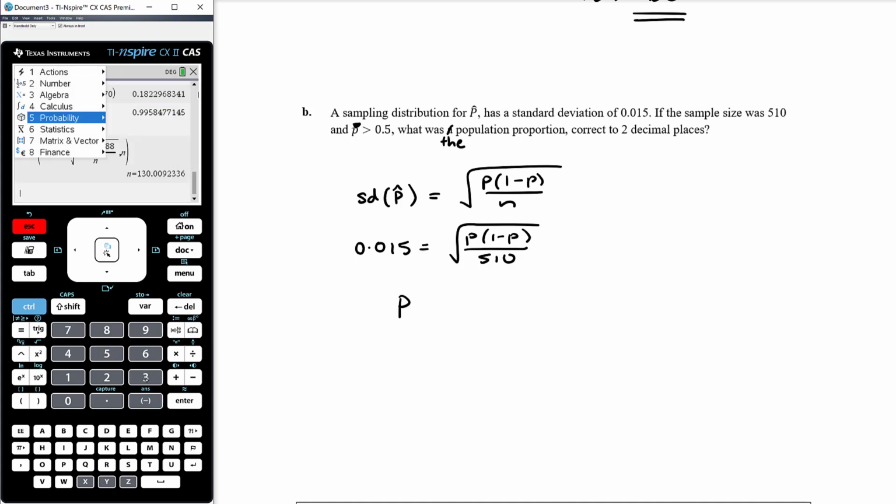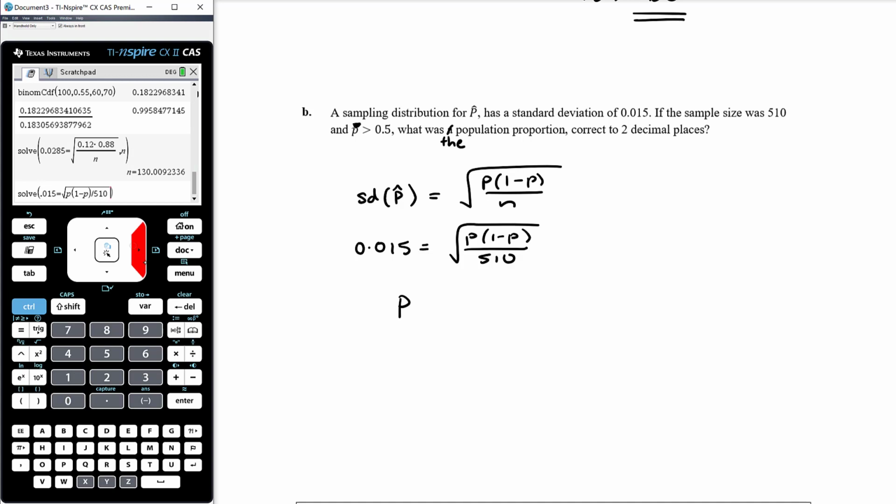Not concentrating today. Menu 3.1. We want to solve 0.015 equal to square root of p times 1 minus p divided by 510. We want to solve that for p.